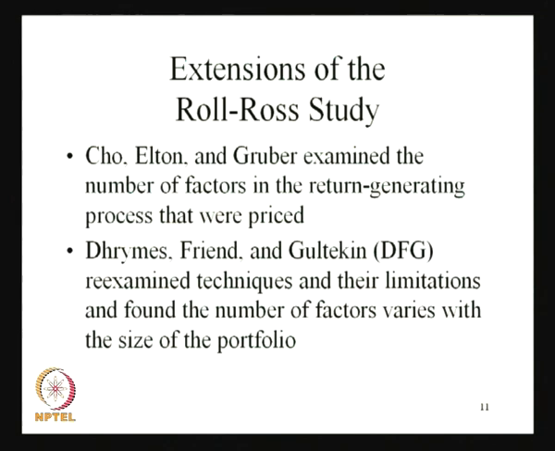So, basically this DFG have re-examined the different techniques which are used to test this arbitrage pricing theory, and they said that if you increase the number of stocks in your analysis, if you increase the number of observations in your analysis, then the results will be different, and you will find varieties of results on the basis of the data we are going to use.